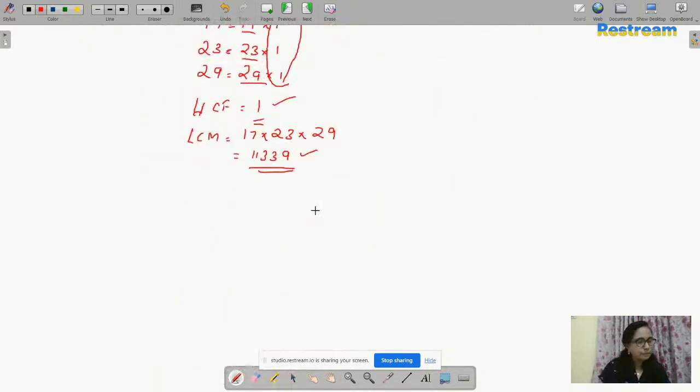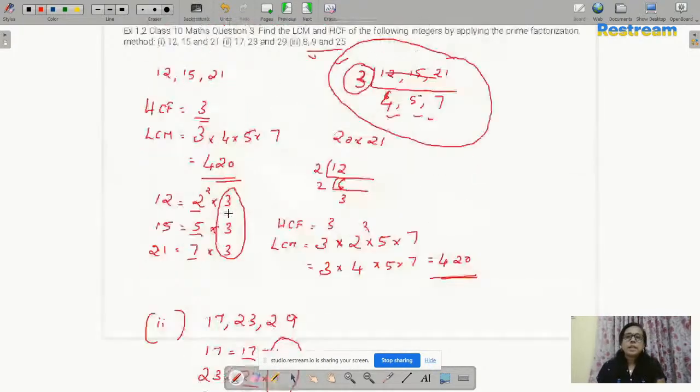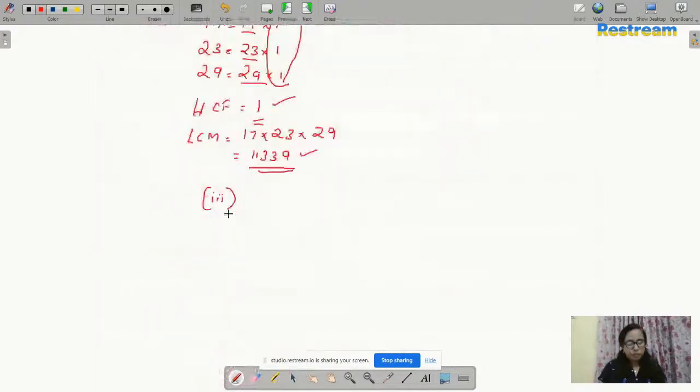Third question. Yes, no common factor. The third question is 8, 9 and 25. I always tell you, HCF is the highest common factor among all the numbers. If 2, 4 and 8, 2 is the HCF.